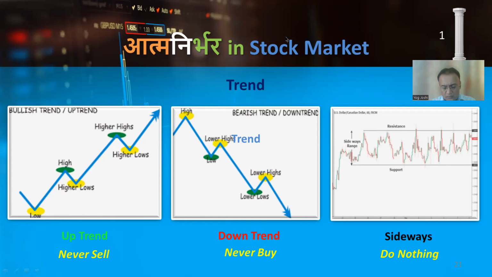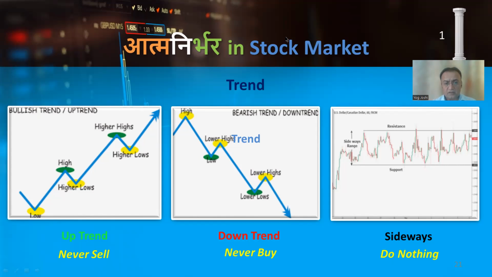Here we are not using any bookish language. I am just trying to explain all these things in very simple, general language. That's what the trend is. Trend is the general direction of the market, or the general direction of the chart.